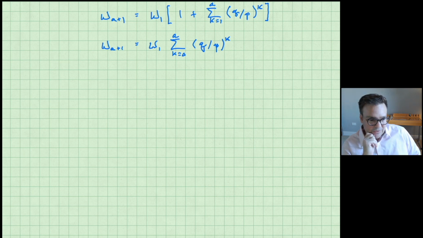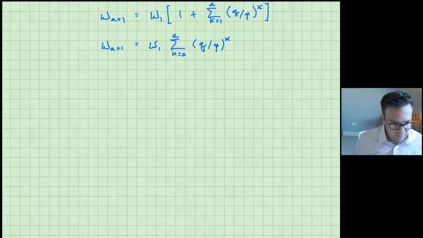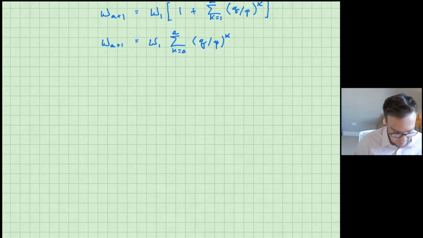This is a geometric series where the ratio is either 1, which is a peculiar case, or not. It's not a problem. It would in principle be a problem if A were infinite, then the thing would diverge. But if q over p is equal to 1, you get a different result than if it is not equal to 1. So, two cases.